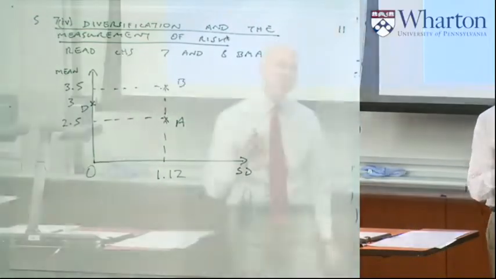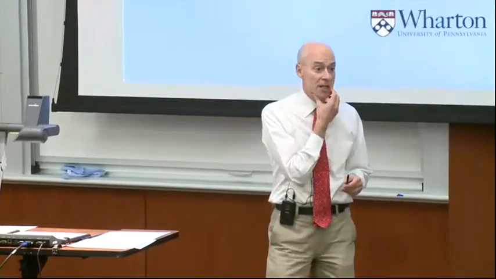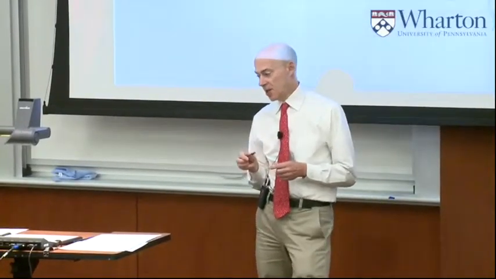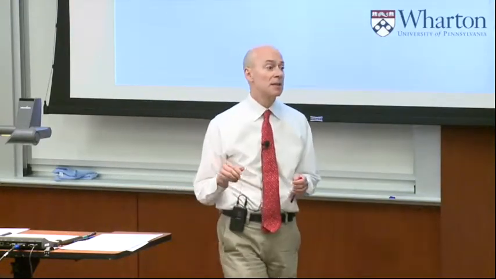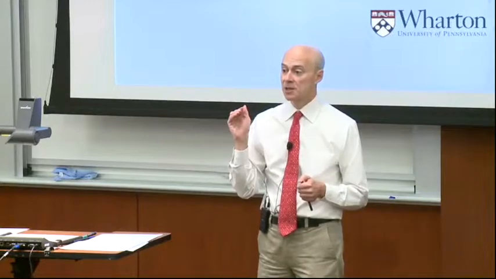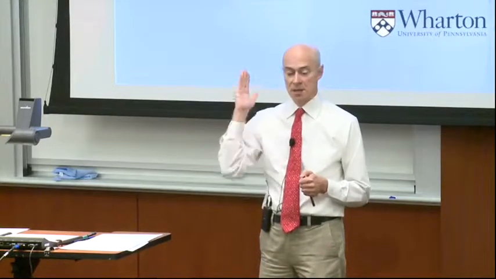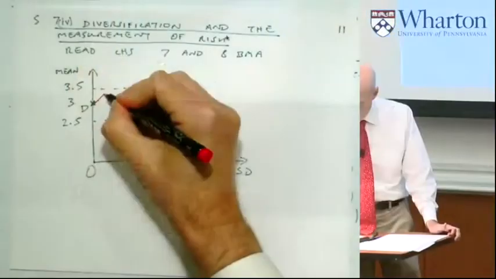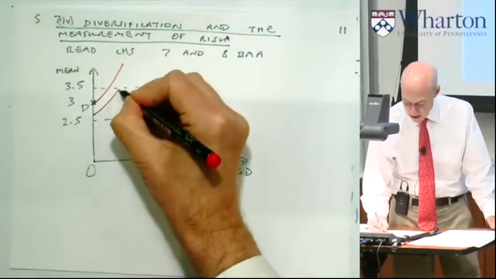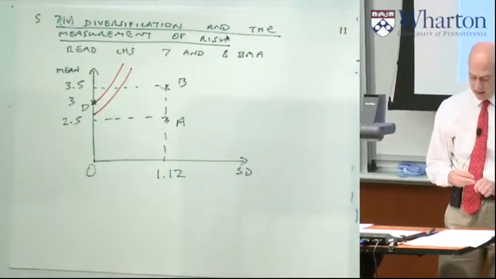Which do you prefer, D or B? Depends on your risk aversion. Which kind of curves are you going to prefer D with? If they're steep, you're going to prefer D. So if you're risk averse, you're here, like that.